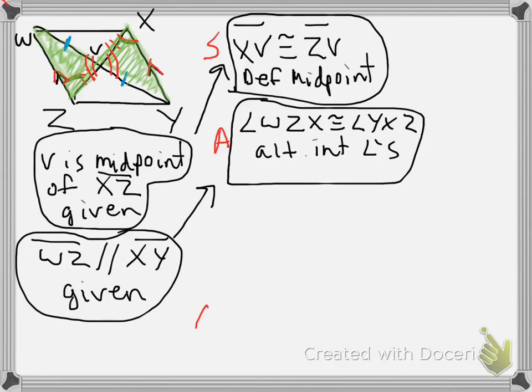So I'm going to put A here, and I'll change my writing, and I'm going to say the first angle WVZ is congruent to the angle YVX. Whoops, I forgot to put the angle symbol in. Let me erase all that.